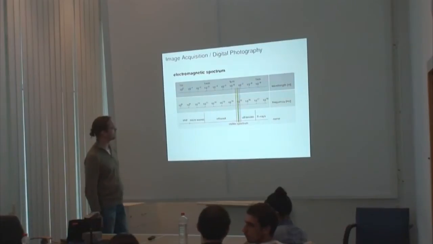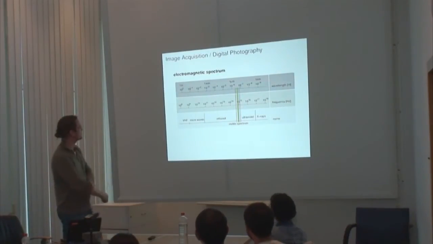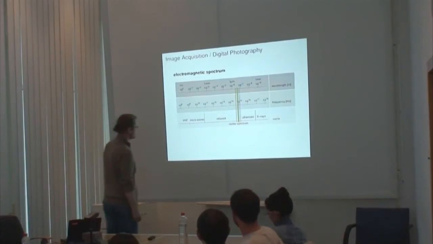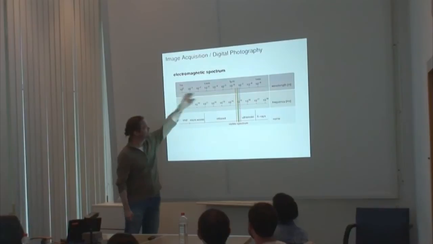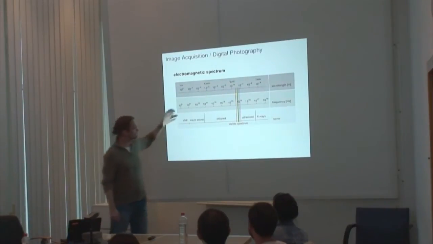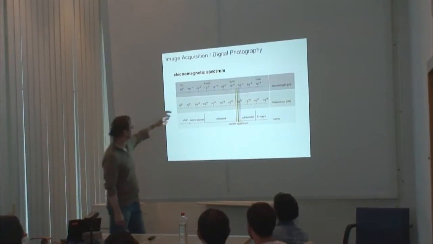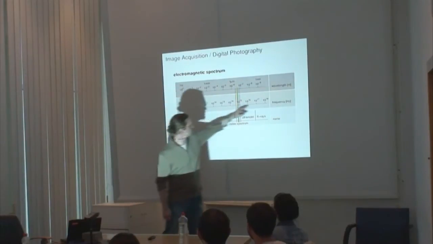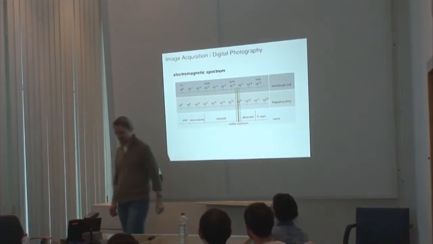Here is my drawing of the electromagnetic spectrum. And according to the previous slide, we can talk about light in terms of the wavelength, lambda, and in terms of the frequency, nu, measured in hertz. And you see that for growing frequencies, the wavelength shrinks.